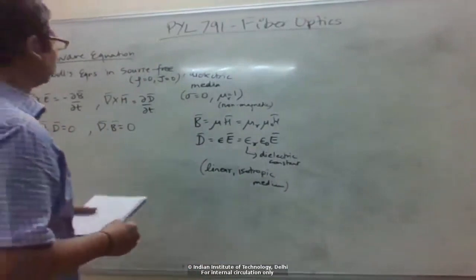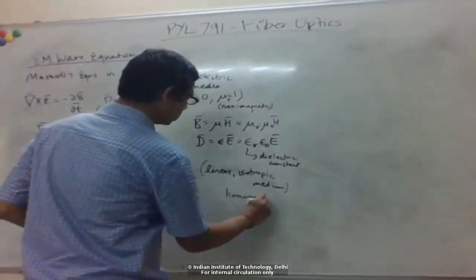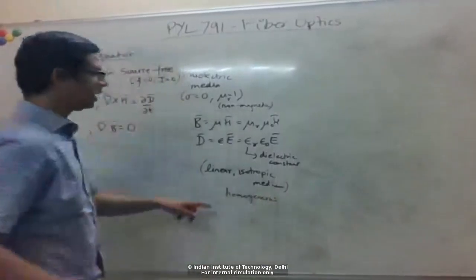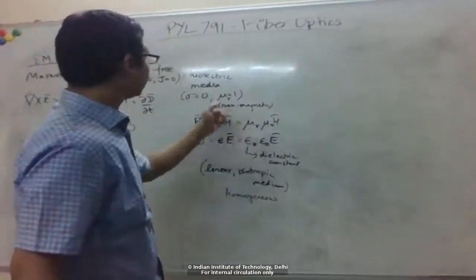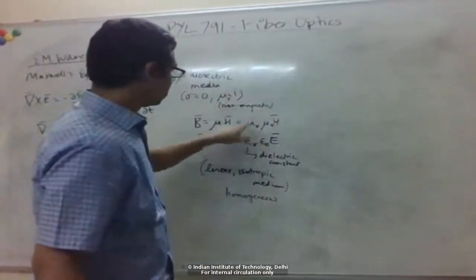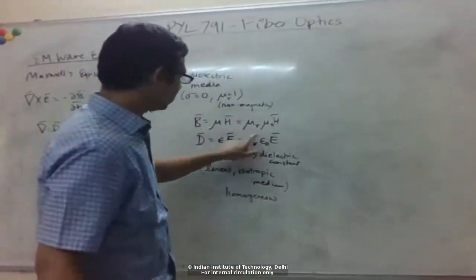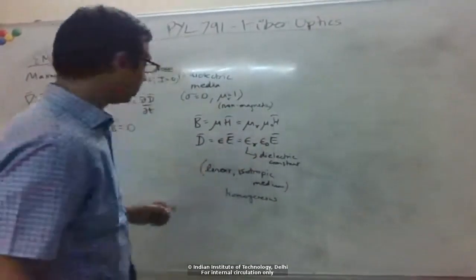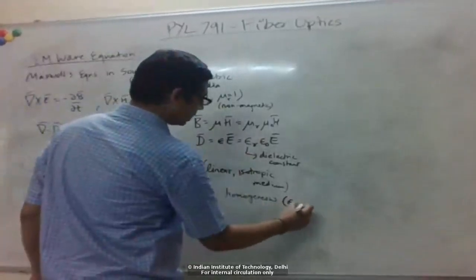Another term you might hear is homogeneous medium. Homogeneous medium is where this is a constant. So mu r is anyway 1 because we are considering non-magnetic, so forget about this. The only place where we'll play games is with this dielectric constant. If it's homogeneous, this means that epsilon r is a constant.